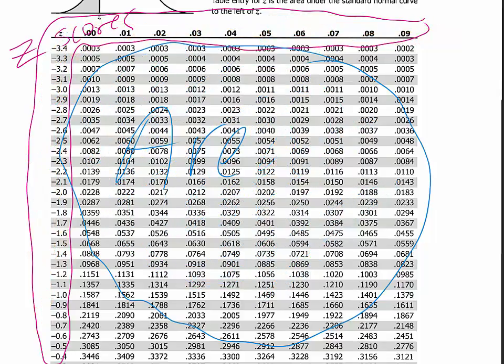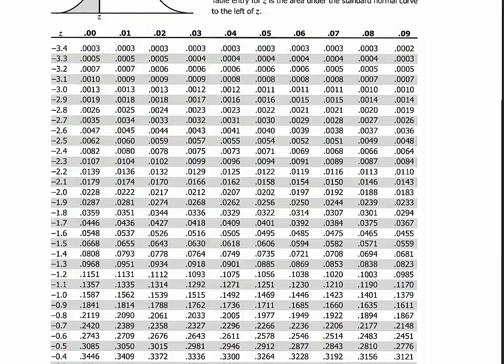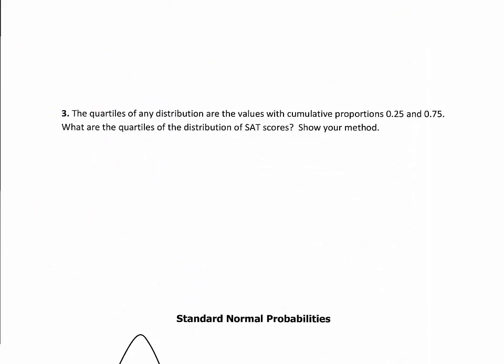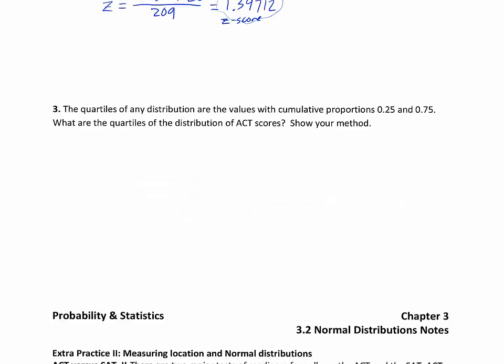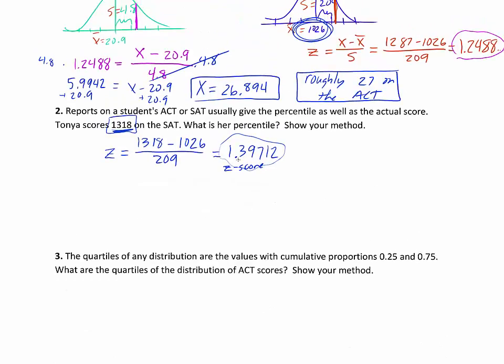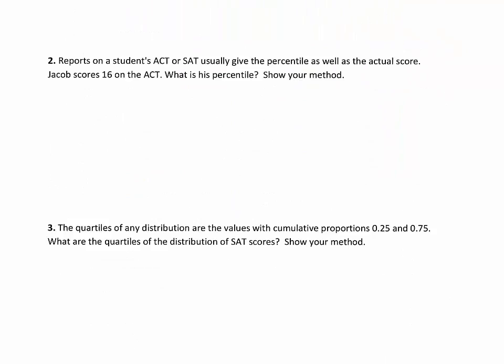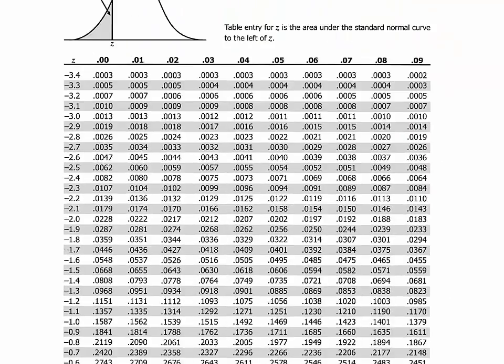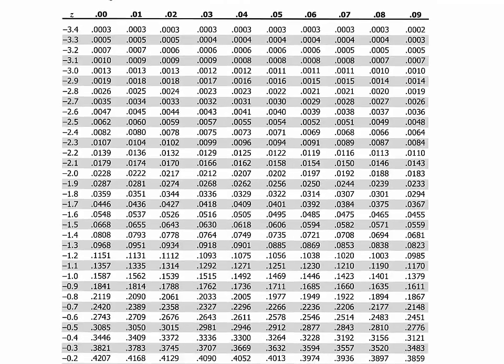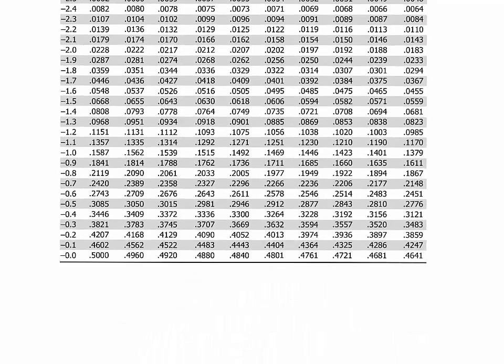Really, really important. So for our problem, if we go back, I think we were given a z-score. Yeah, we were given her z-score and it's 1.39. So for the z-scores, we need two decimal places. So remember 1.39, and let's go to our table. One side has got negatives. We don't need negatives. We need positives.